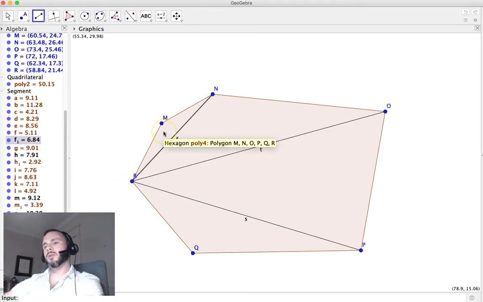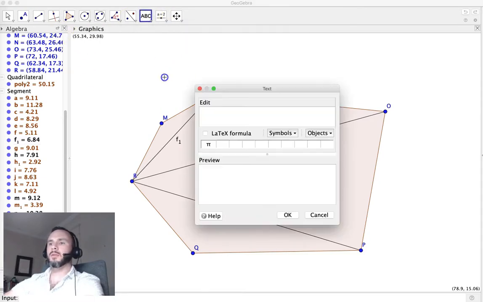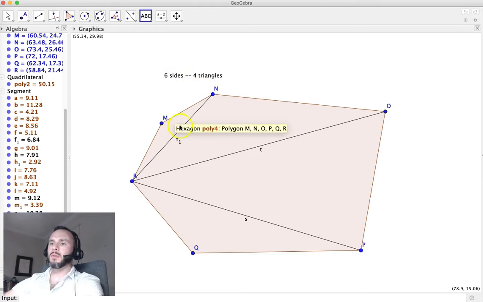So I have 4 triangles. 1 here, 2, 3, and 4. So now we're going to have 6 sides gives 4 triangles. Okay, we'll do one more just to make it really clear.